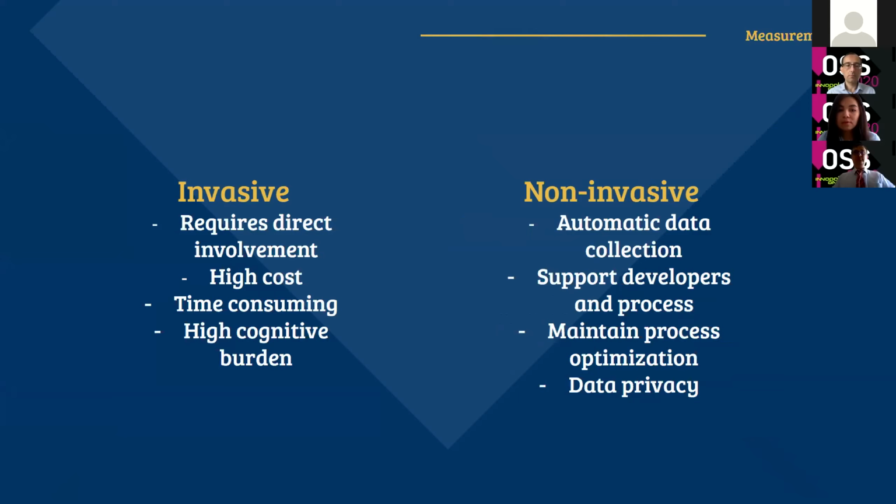If we look at the history of software metrics collection methods, it can be divided into two generations. The first generation is called the invasive method. It is known as the personal software process, a self-improvement process that helps developers control, manage, and improve the way they work.